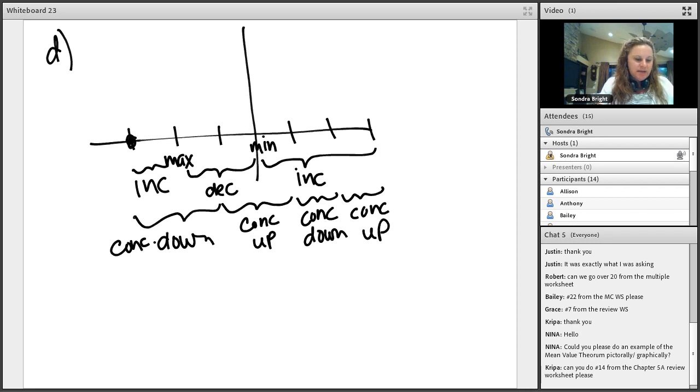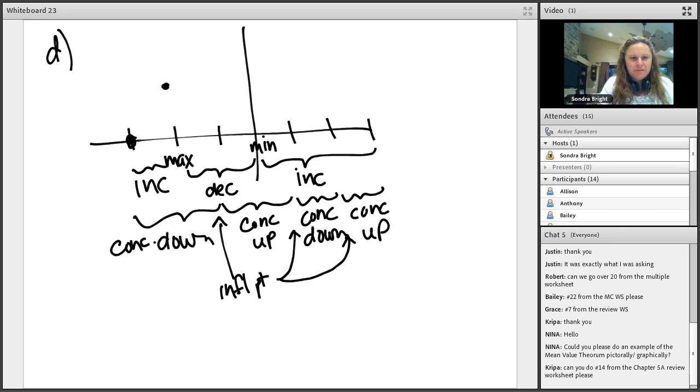So we want a maximum here. So let's say I go to there. It's going from concave down to up here. This is an inflection point here and in between there also. So you go up and it's concave down.